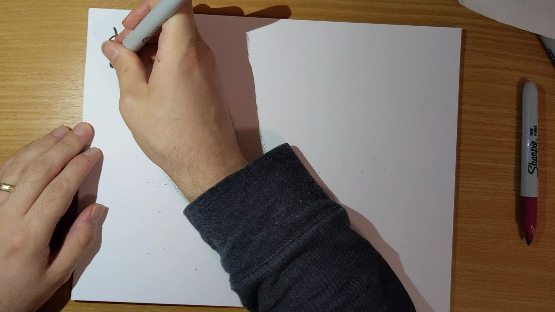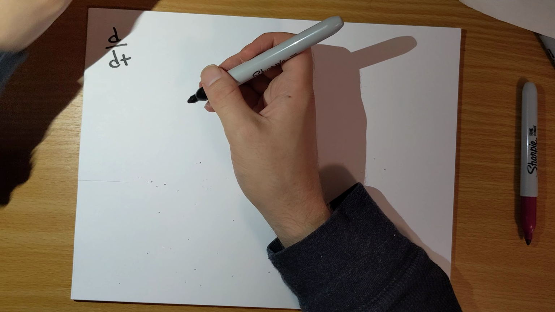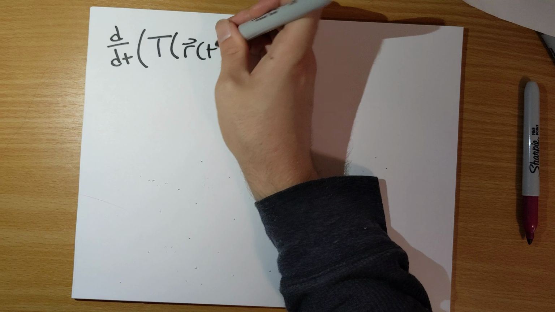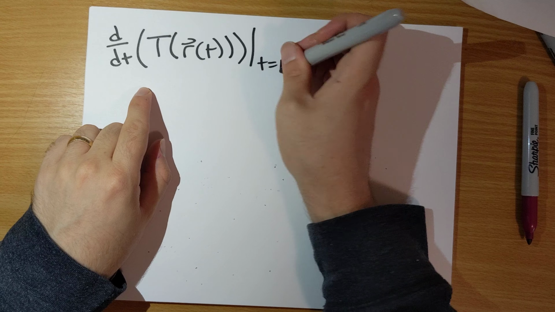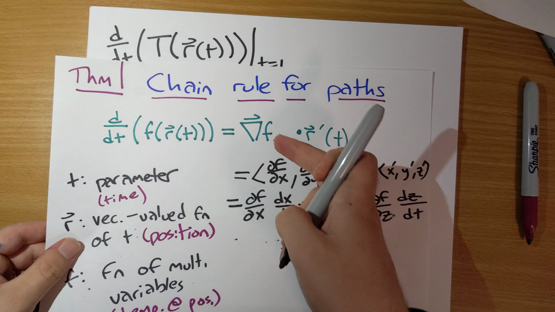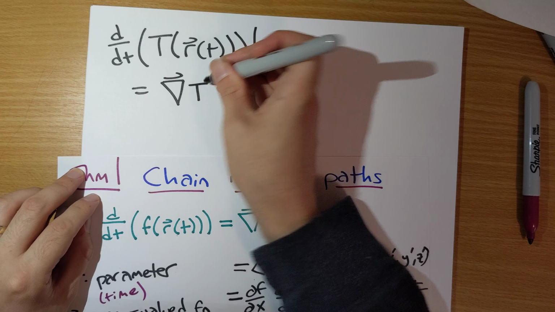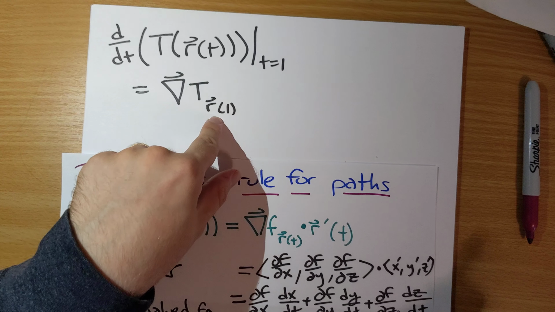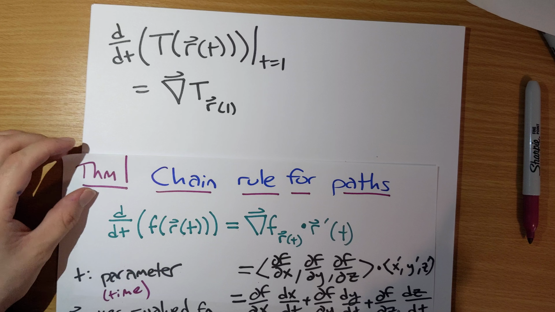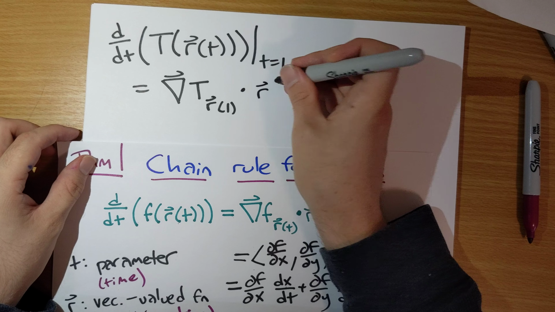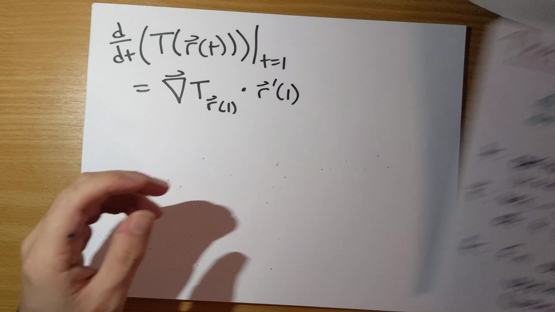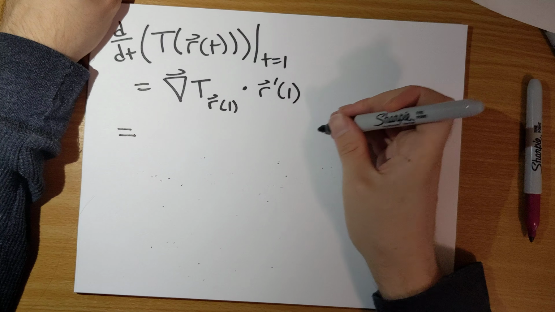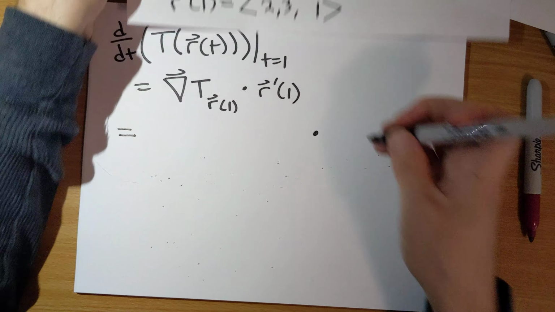So the derivative with respect to t of big T of r of little t, evaluated at t equal to 1, by the chain rule for paths is equal to the gradient of T, plug in r of t, but we're evaluating this at t equal to 1, so I can just say evaluate this at r of 1, dot product with r prime of 1. Okay, so we should be able to do everything here. r prime of 1 is 2, 3, 1.